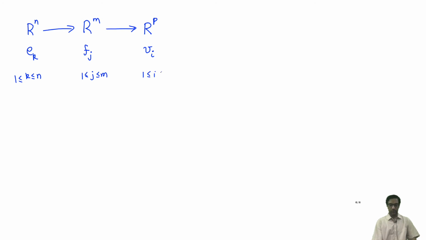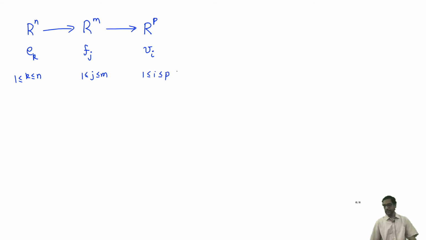So if I take, for example, Rn, Rm, Rp, three such free modules, and do a similar thing. I take a basis of each free module, call them ek, fj, and vi, where k goes from 1 to n, j goes from 1 to m, and i goes from 1 to p.